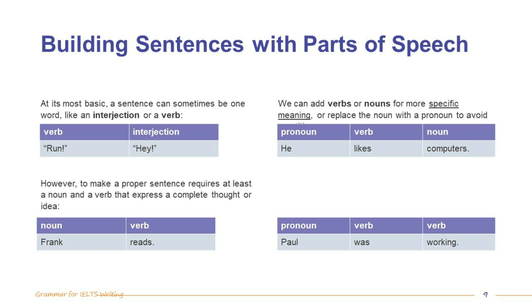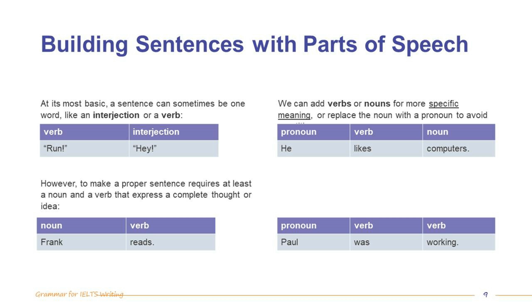Building sentences with parts of speech. Of course, the purpose of knowing these parts of speech is to better understand language. They can help you to decode what a sentence means, but they can also help you to produce better sentences. The purpose of this course is to help you build your language to the level of IELTS 7 or above, and knowing the parts of speech is fundamental. At its most basic, a sentence can sometimes be one word, like an interjection or a verb.